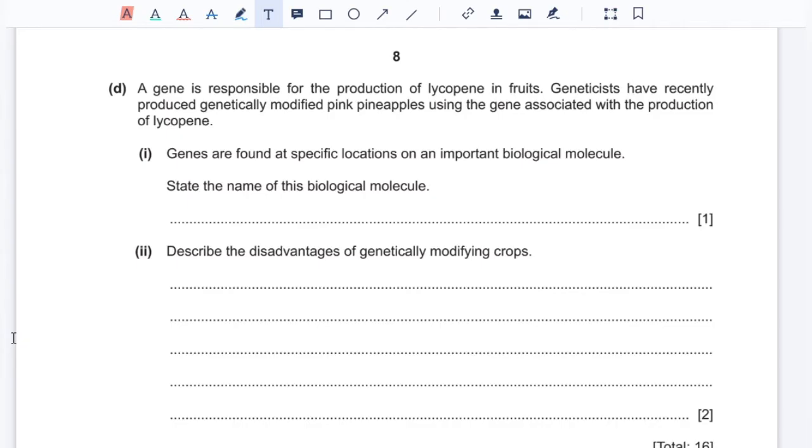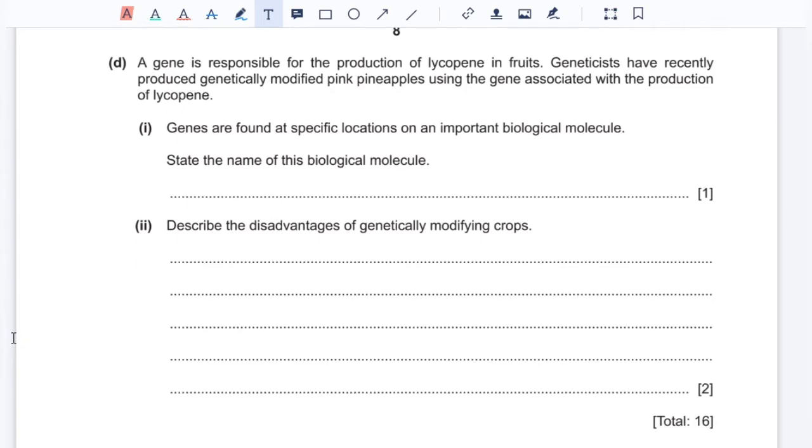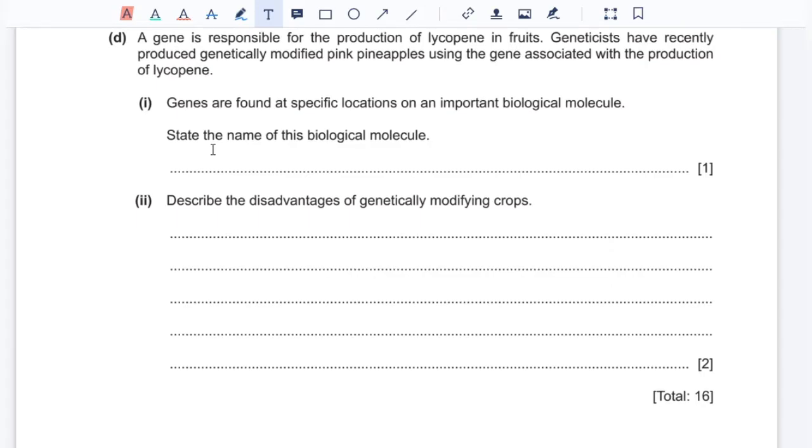A gene is responsible for the production of lycopene in fruits. Geneticists have recently produced genetically modified pink pineapples using the gene associated with the production of lycopene. Genes are found at specific locations on an important biological molecule; say the name of this biological molecule. DNA has the genes.